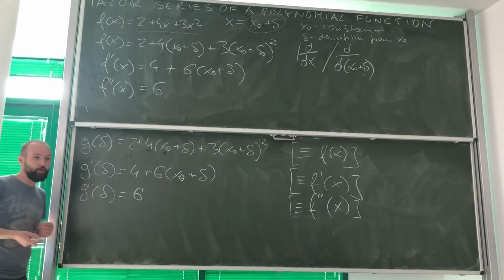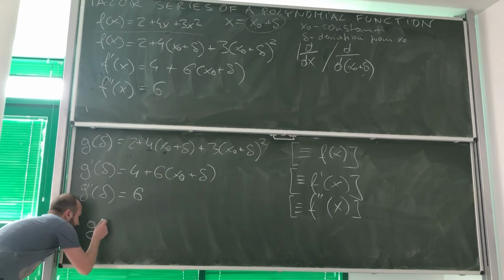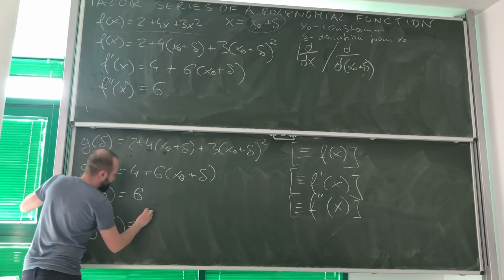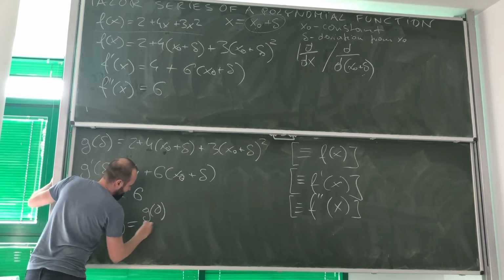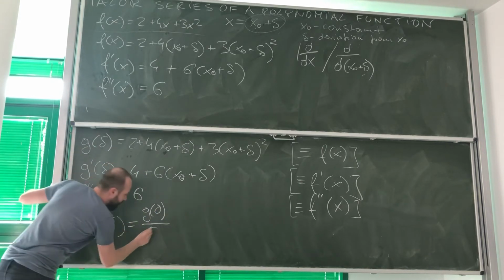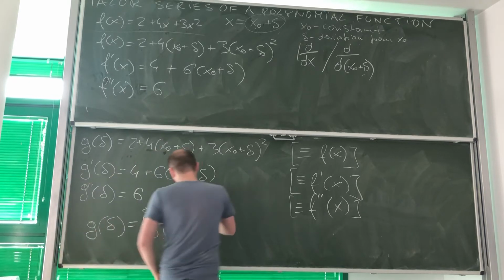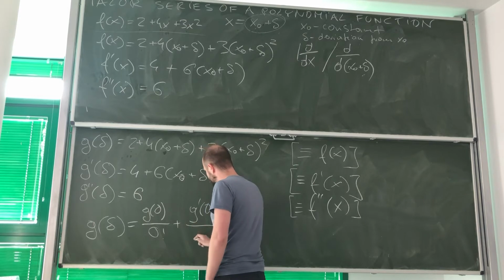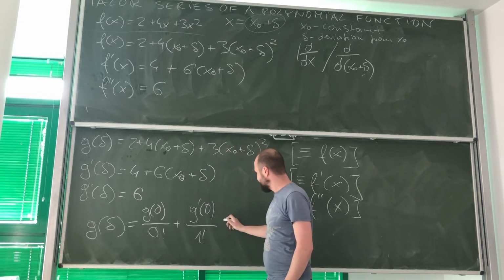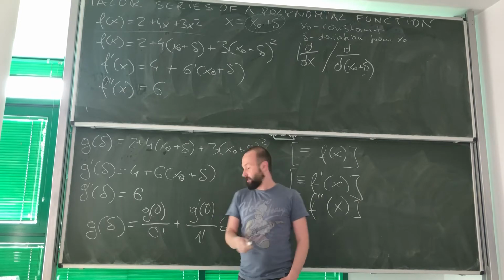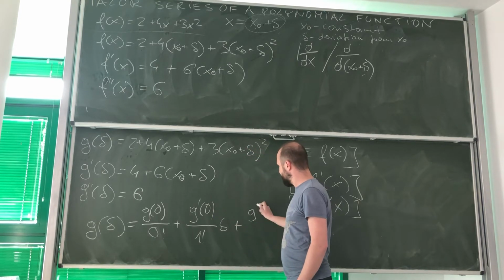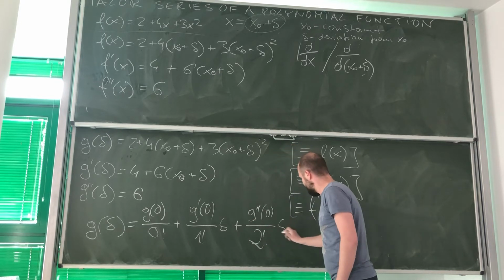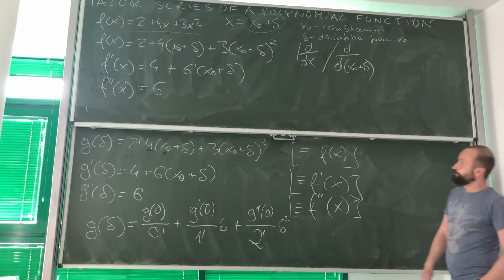Okay, what will we get? The g of delta is equal, with the formula, to g of 0 over 0 factorial plus g prime of 0 over 1 factorial times delta, and plus g double prime of 0 over 2 factorial delta squared.